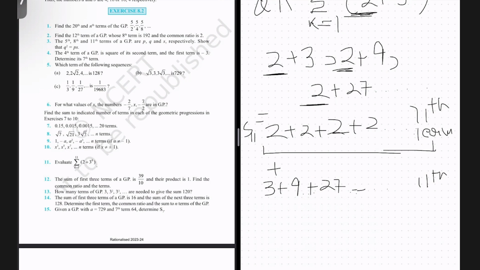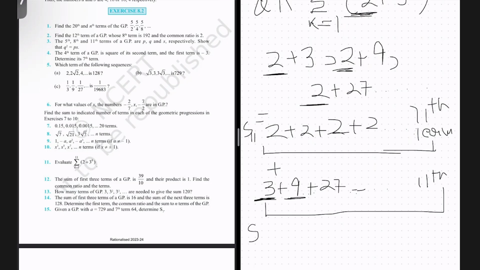See, look at the fact that this second term is comprised of a GP, right? With the first term as 3, and the common ratio, which is 9 divided by 3, also as 3, right?